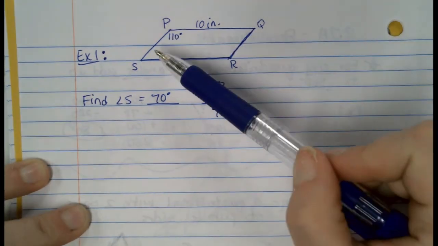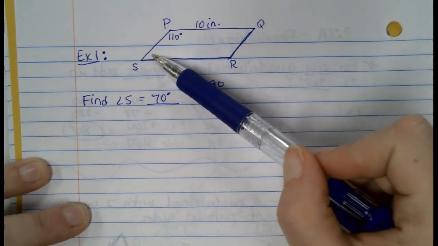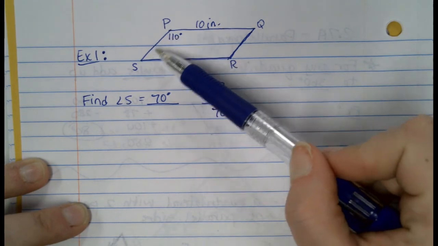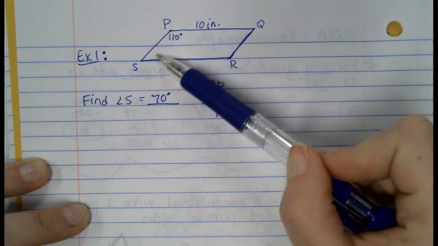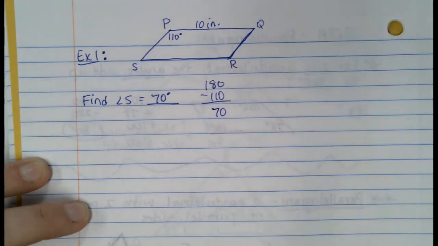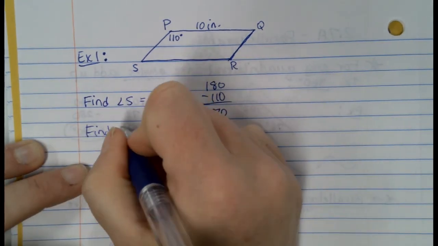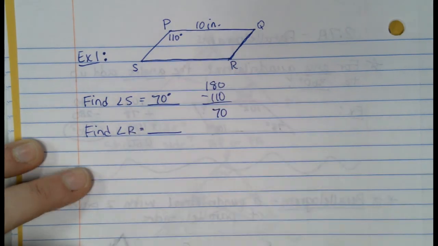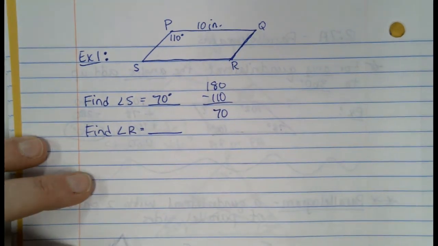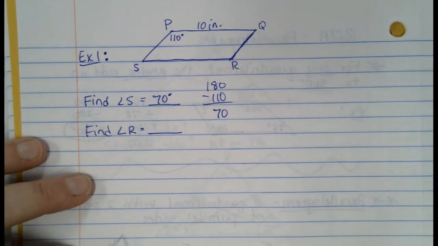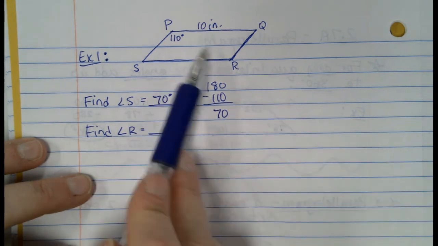Check yourself real quick. If this is 70, what's 70 plus 110? 180. And two angles in a row are supposed to add to 180. Let's say I wanted to find angle R. Well, this one should be really easy because opposite angles are equal, right?